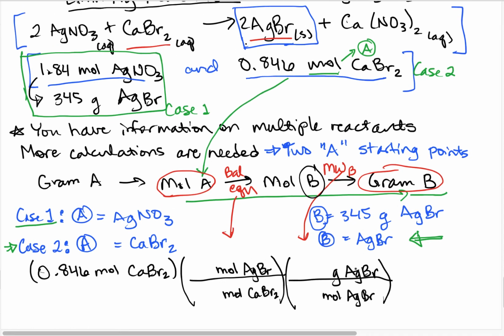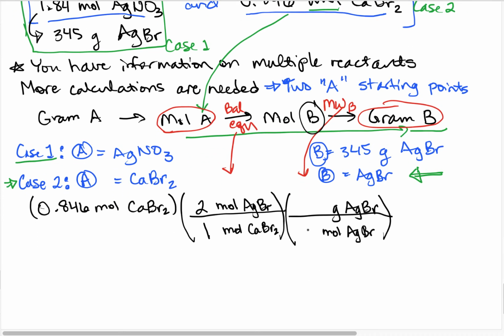Now we can put in the numbers. So for our balanced equation, 1 mole of calcium bromide relates to 2 moles of silver bromide. Now we know that our molecular weight is always per 1 mole, so we can put that in. And then hopefully you already calculated it.